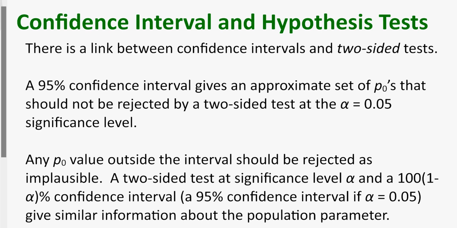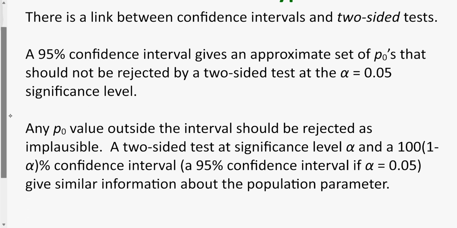Any value outside of that interval should be rejected as implausible. If you actually want to look at the actual confidence interval, if something's outside of it, it should be implausible, not a plausible value. It also goes along with a two-sided test.